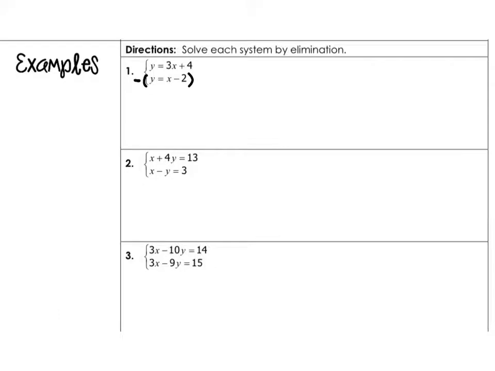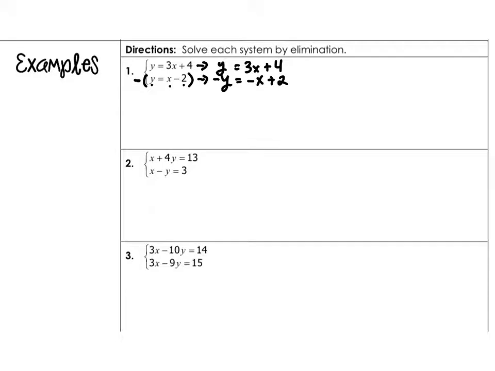So we're going to change this second equation to negative y equals negative x plus 2. So this minus sign flipped all the signs of these three terms, okay? Then we're going to keep that first equation.